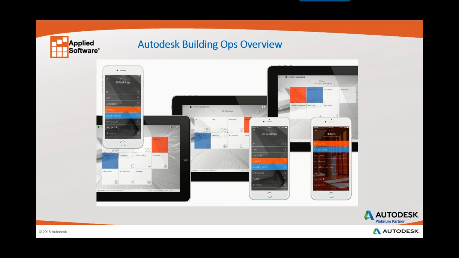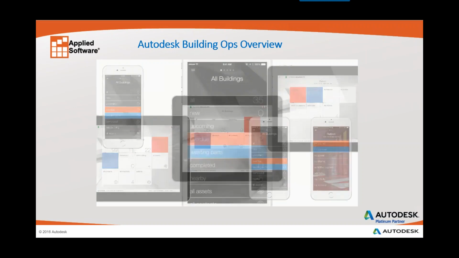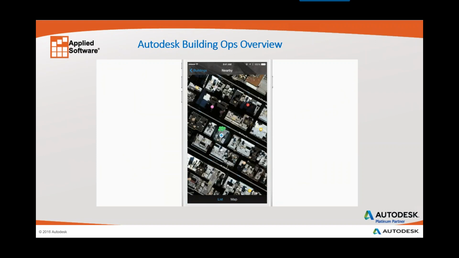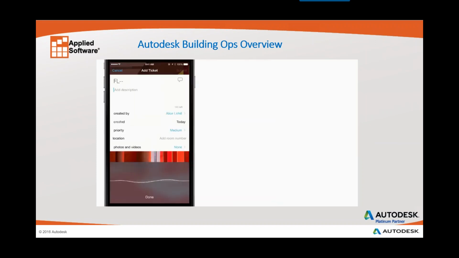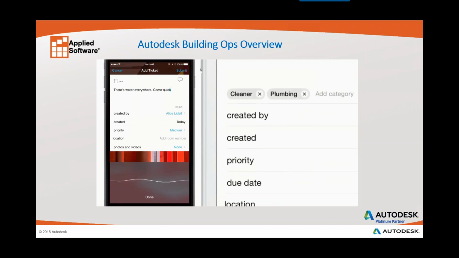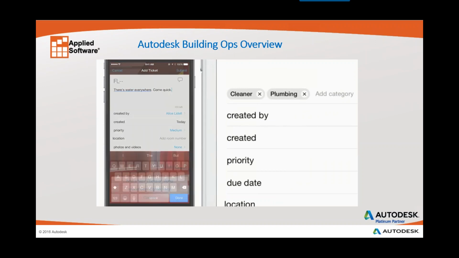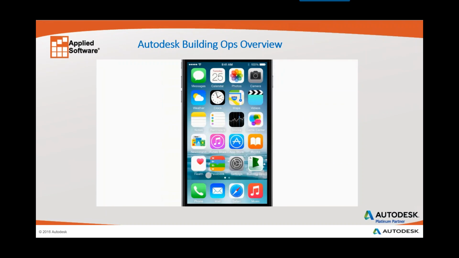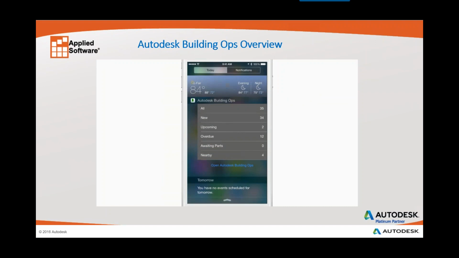Building Ops is organized using a dashboard metaphor that provides role-based, contextually relevant information in a way that is immediately actionable. Speech-to-text conversion, automated ticket and asset categorization, and the capture of photos and videos speed data entry. Notifications alert occupants and technicians when tickets are updated or assigned. On your iPhone, you can integrate Building Ops with the Today view, providing quick access to a summary of activity.